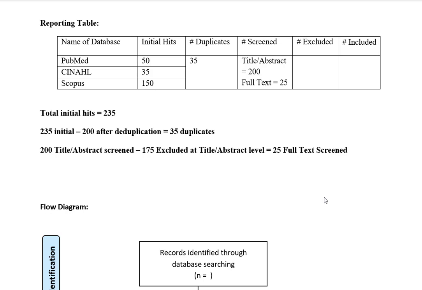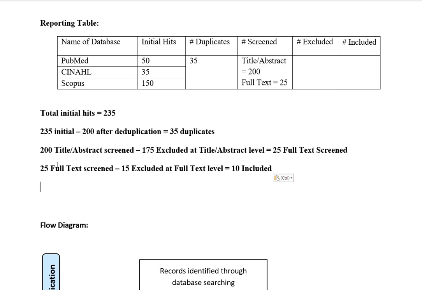Say that you, after reading your 25 full text, excluded 15. You found 15 full text articles that did not meet the criteria for inclusion in your synthesis table. So that would look like this. 25 full text screened minus 15 excluded at full text level equals 10 included.